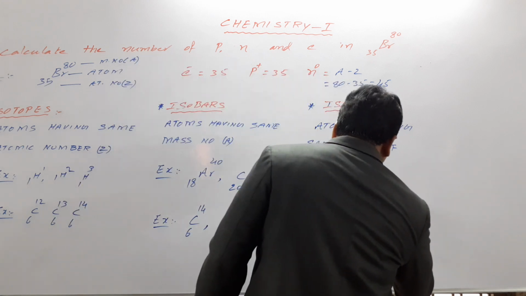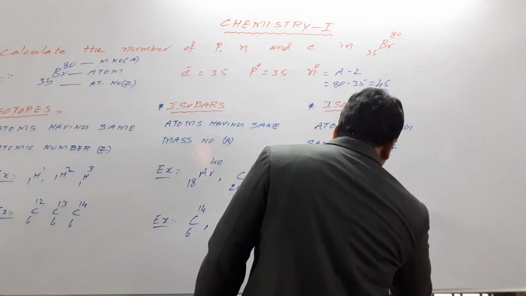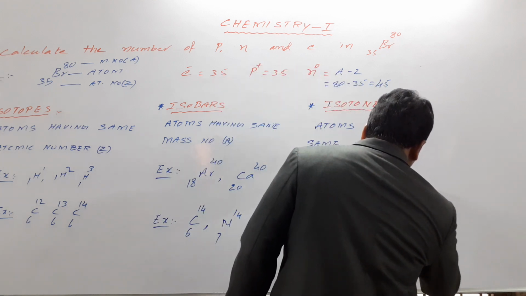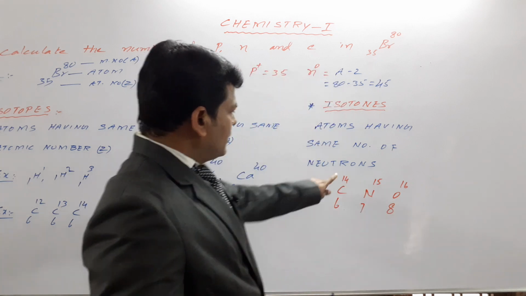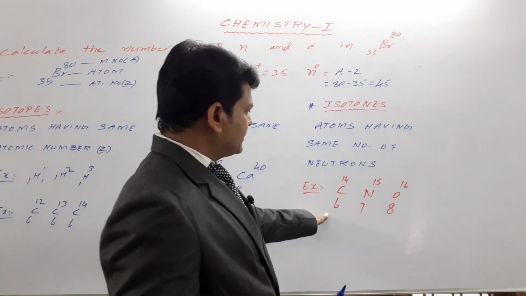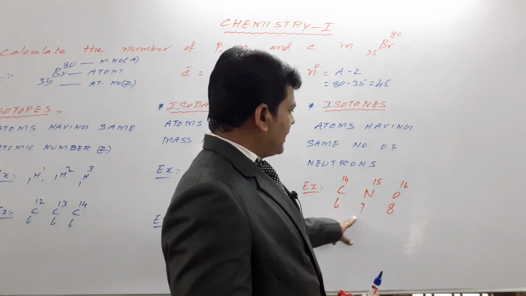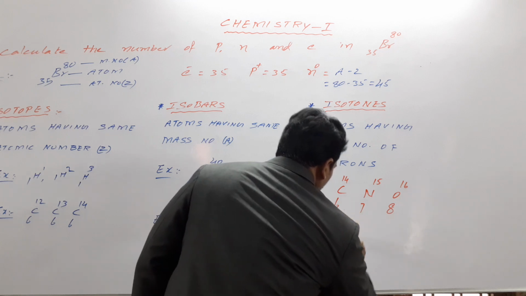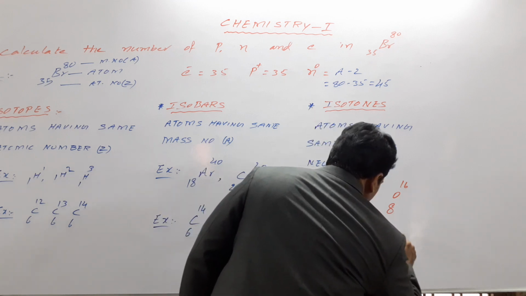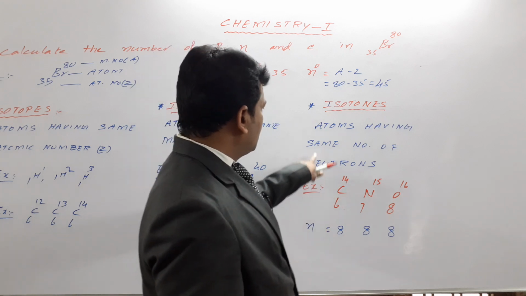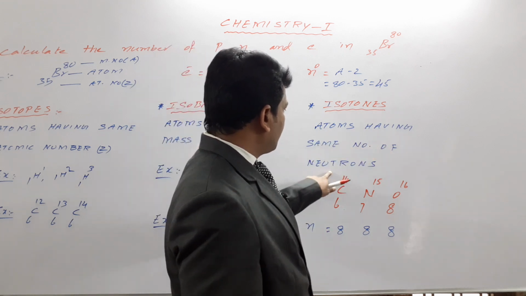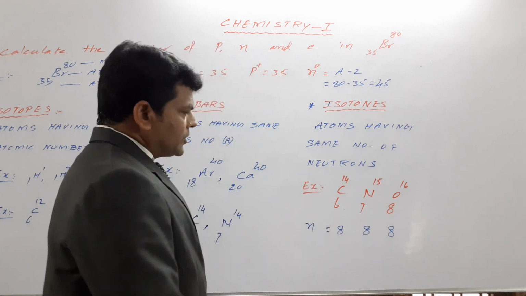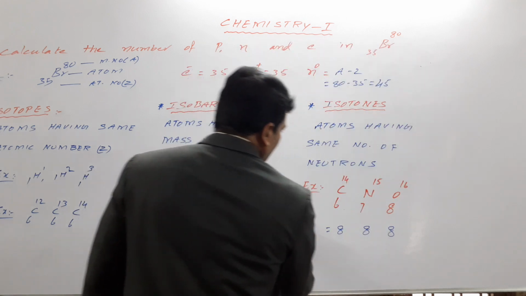Next nitrogen 715 and oxygen 816. 15 minus 7 is 8, 16 minus 8 is 8. See here, neutrons is equal to 8, here 8, here 8. So atoms having the same number of neutrons are called isotones. One more example I will give.